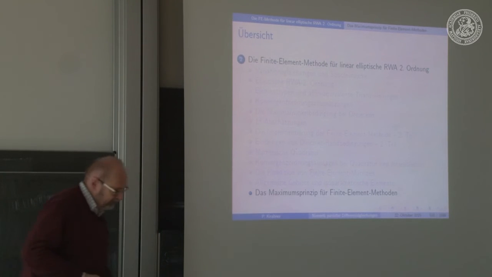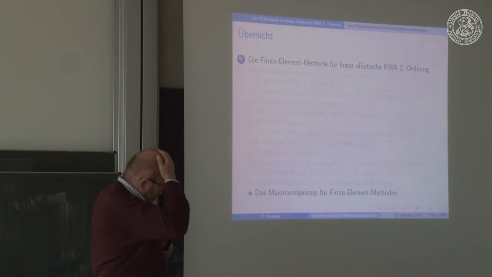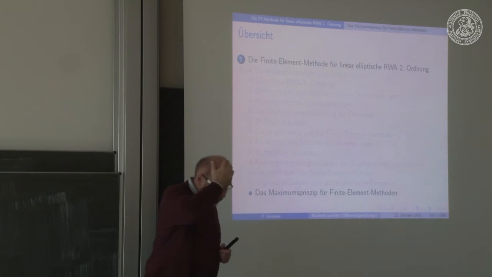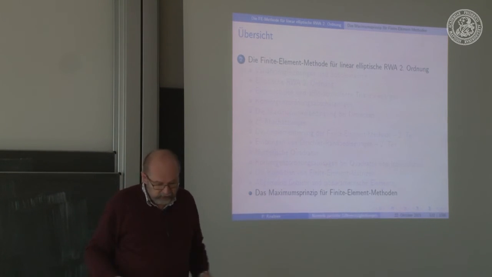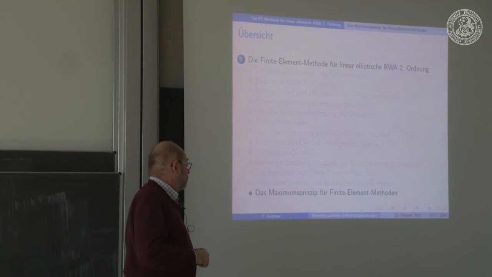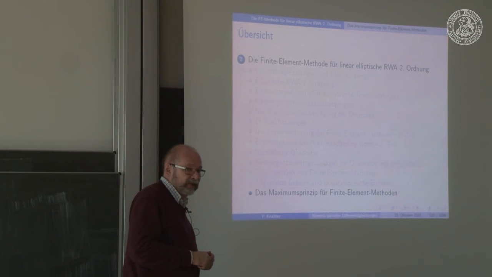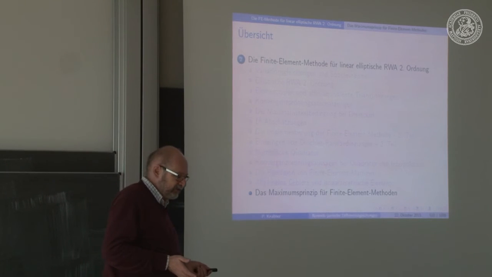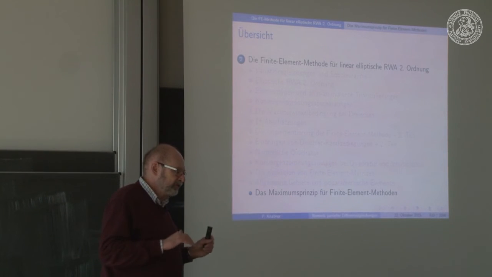Okay, so I just need more time than I expected, but we still have some time to start now with this last aspect of the first approach to finite element theory, that is the maximum principle. Remember our discussion of the finite difference method. There we had this very classical theory of pointwise consistency error.